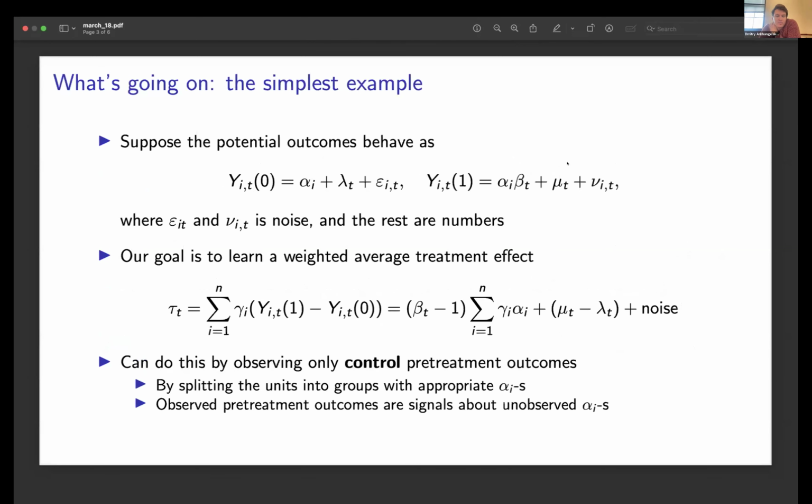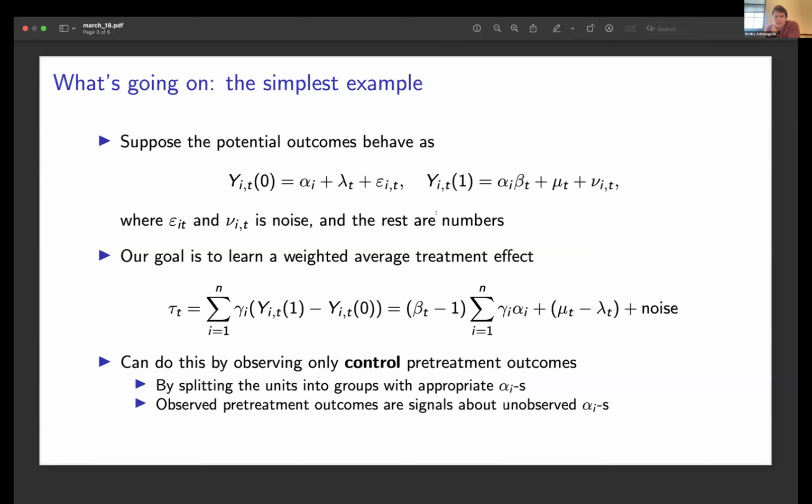Now, in terms of underlying models, the simplest case that I can come up with is to write this very simple model where you have the potential outcomes for the control units that follow just a two-way model. So there is a unit-specific intercept, and then there is a common trend, and then there is noise, and then the treated outcomes follow the same process, but now this unit-specific intercept is multiplied by an additional shock.